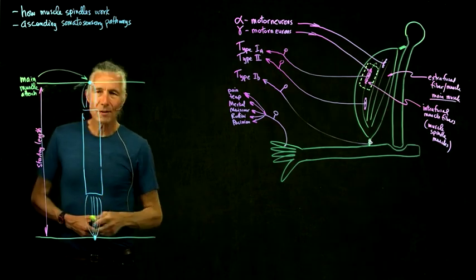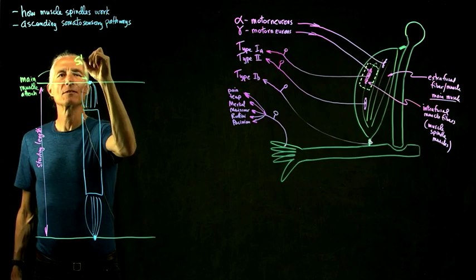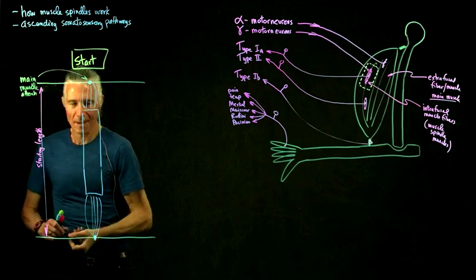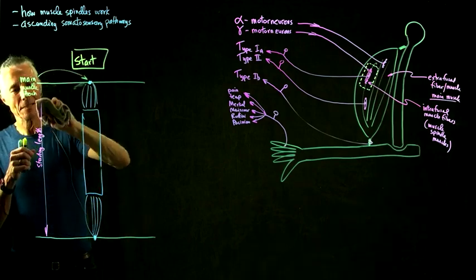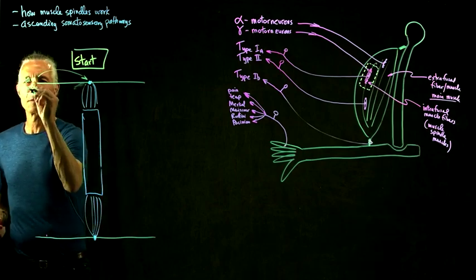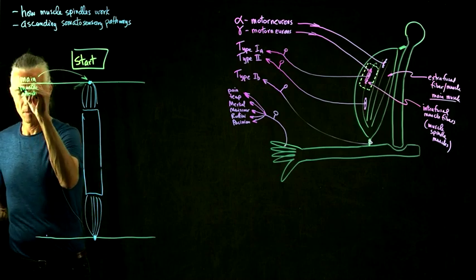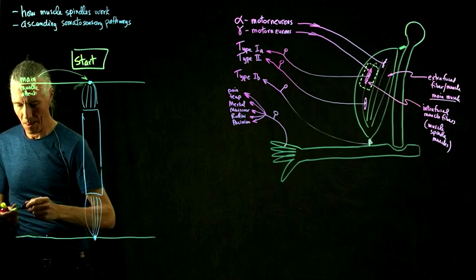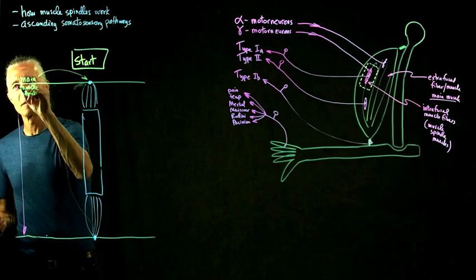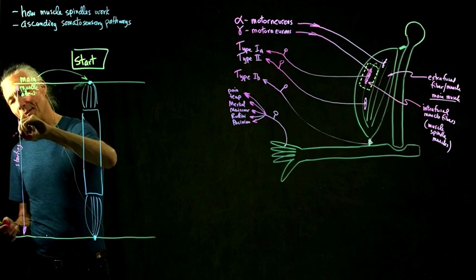So we're going to consider our starting condition. Man, my arrows are out of control here. Okay, here's the starting length of the muscle. It's over here because I need room for another muscle spindle example.